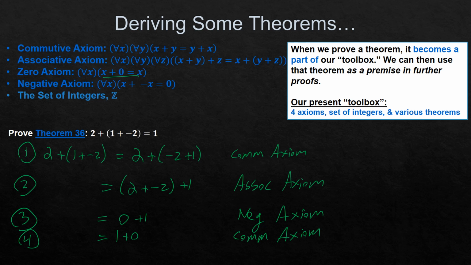So it's important to follow what our axiom says. It says x plus 0 is equal to x. It does not say 0 plus x is equal to x. And then finally for line 5, we can finally say the right-hand side is 1 by the 0 axiom. And that concludes that proof.